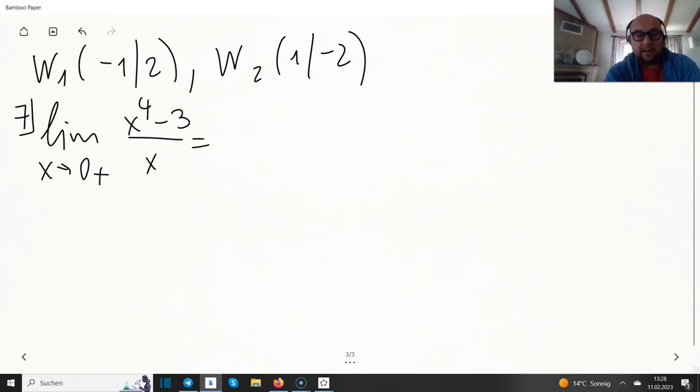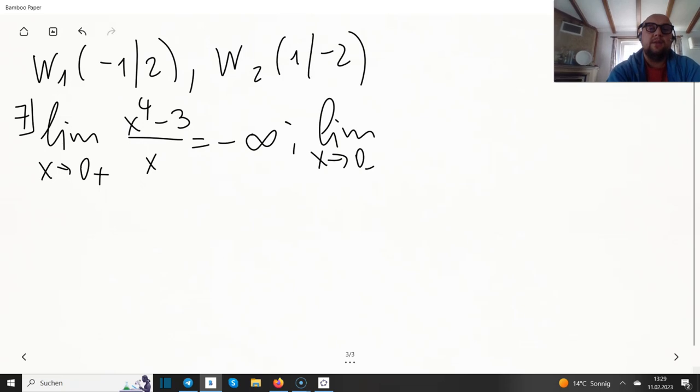So we have a slightly positive value, which is not helping the numerator. It's still negative. Dividing by a small positive number makes it huge and negative. So we get minus infinity, and doing the same but coming from the other side, we're going to go to plus infinity. So what's happening with the graph?